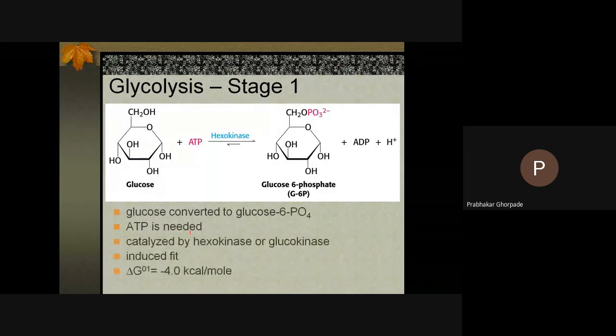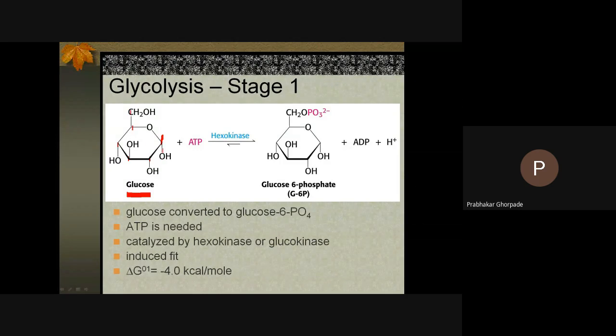Now, the glucose molecule. Previously we saw that glucose is a very stable structure. This glucose is a ring-shaped structure. Whenever no group is shown, it means a hydrogen is there. This is the first carbon, second, third, fourth, fifth, and this one is the 6th carbon.